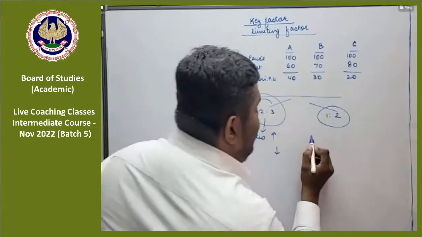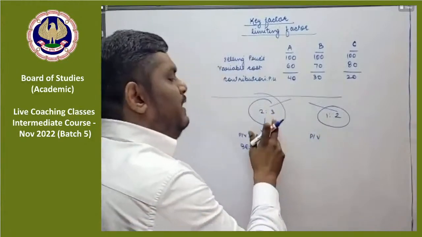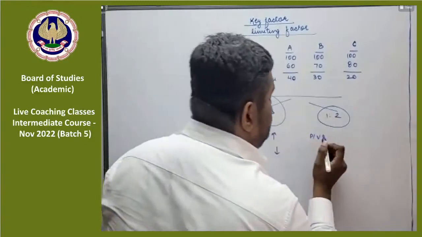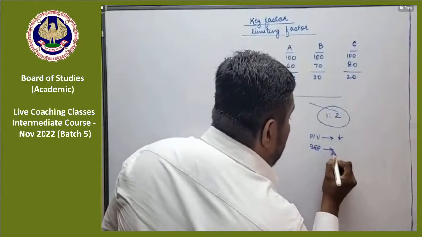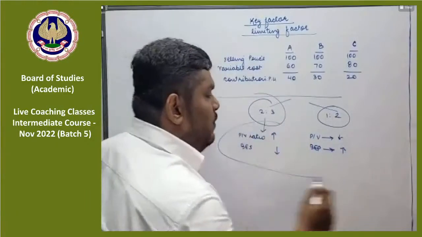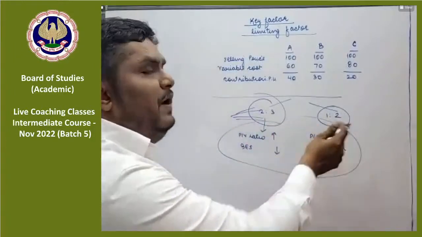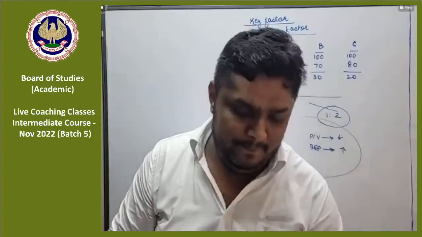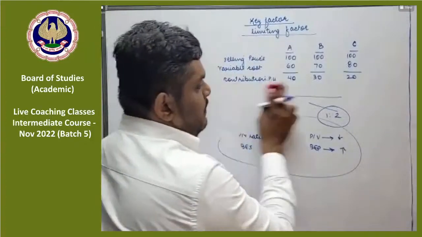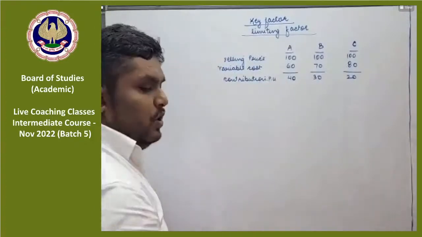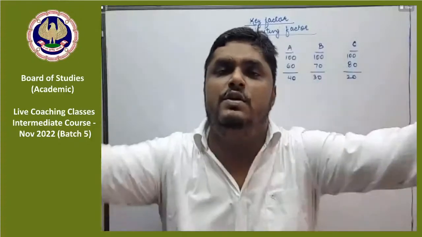In the second case, as compared to the 2:3 ratio, the PV ratio was low and the break-even point was on the higher side. So it means this option should be preferred over the second option. So enough of discussion on sales mix part.